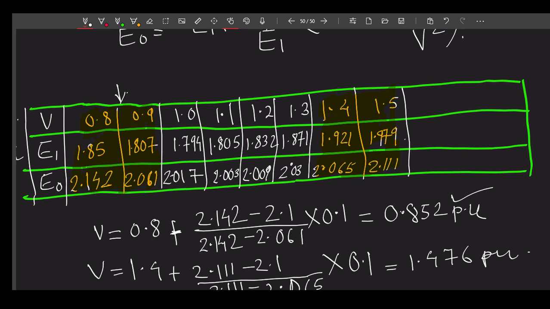Now, which value of V will we be getting? In our terminal, we cannot have two voltage values. Who will decide? Think about it.